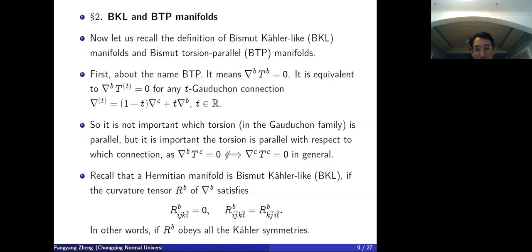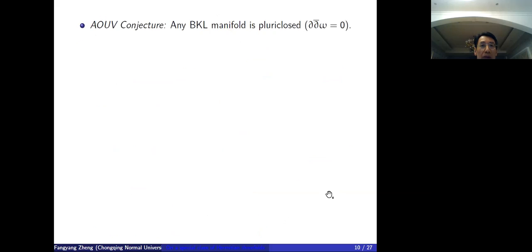So of course it obeys all these symmetries, but on the other hand, it's a non-Kähler surface, right? So the metric can be non-Kähler, still rather special, where the Bismut curvature still enjoys a lot of symmetry. So that's the Kähler-like condition.